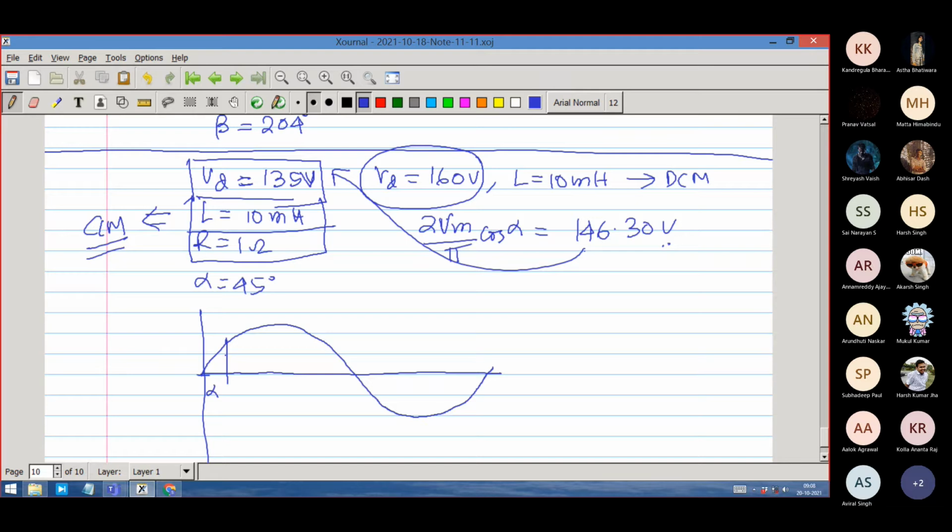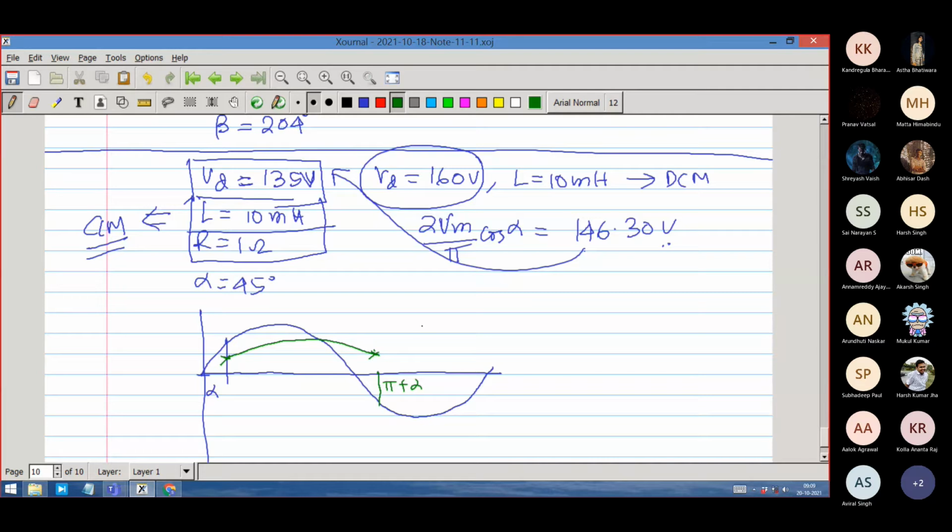Current is something I do not know, I cannot immediately know, so here the unknown variable comes in. But the only thing I know is that because it is continuous conduction mode, when the angle has come to pi plus alpha, this current has come back to the same precise value. That means it has gone up and down, not sinusoidally, but in some other complicated manner.